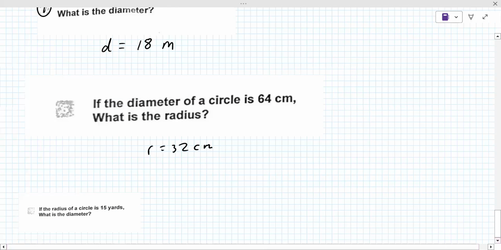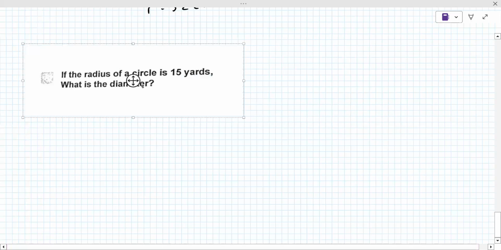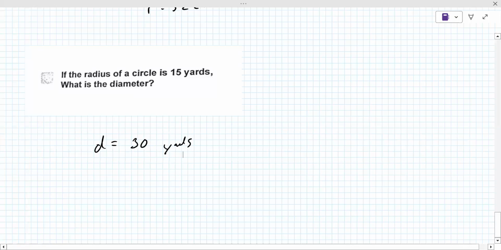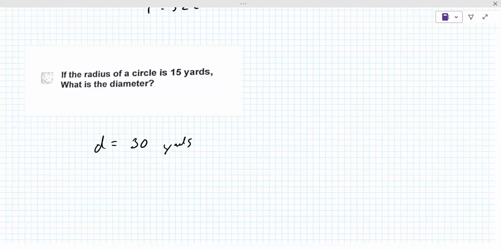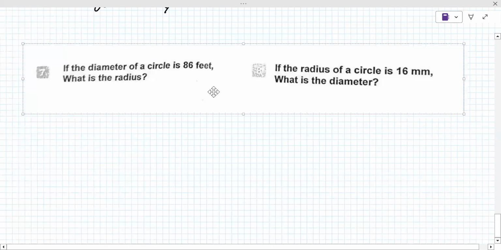Next problem here. Radius is 30 yards. Diameter is 30 yards. All right, I think I can get 2 problems in here at a time. Diameter is 43 feet. You're saying the wrong word, radius, but you're doing the right calculation.